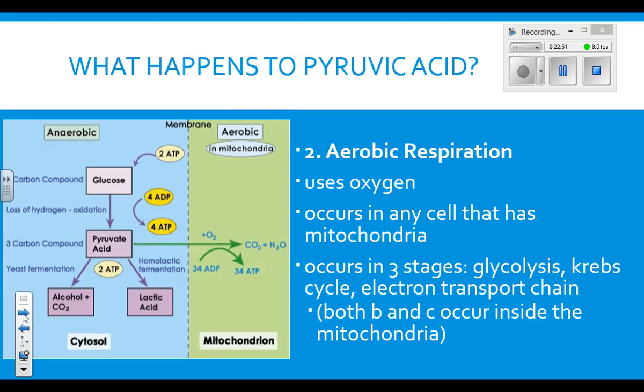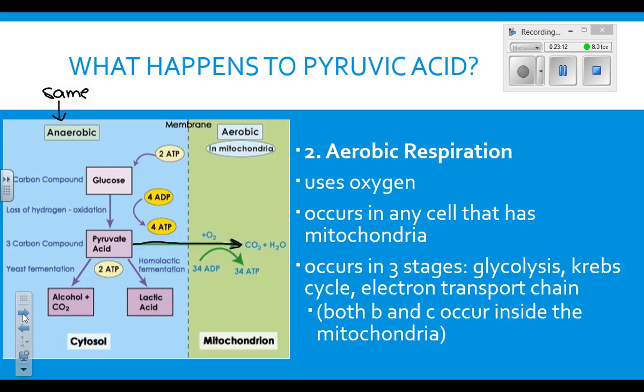So what's my other choice? My other choice is aerobic respiration. Now on the left, this is the same diagram that was just on the screen, but I uncovered the last little part of it so that you could see the other option for pyruvic acid.